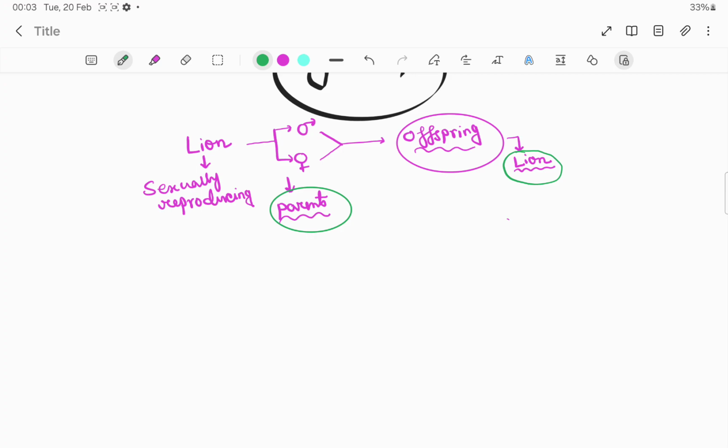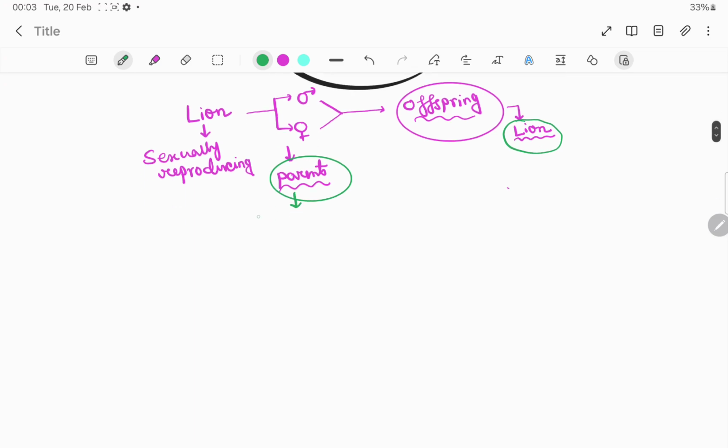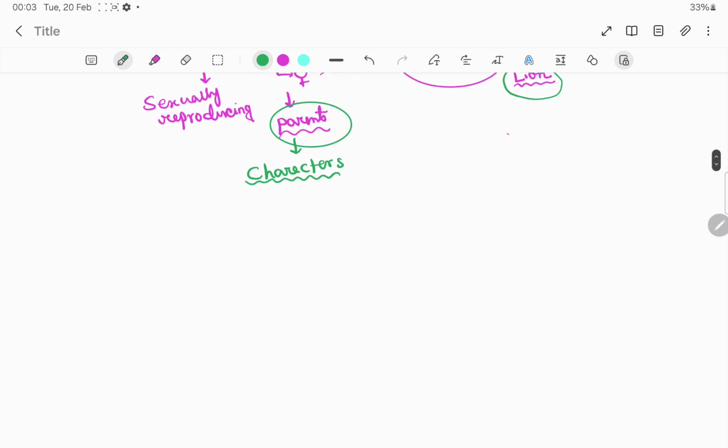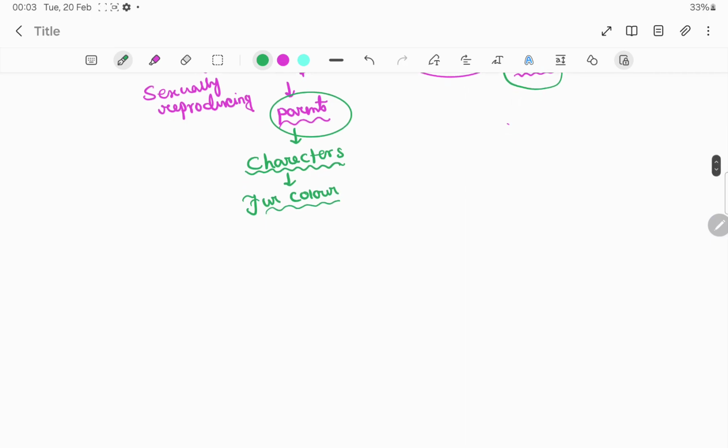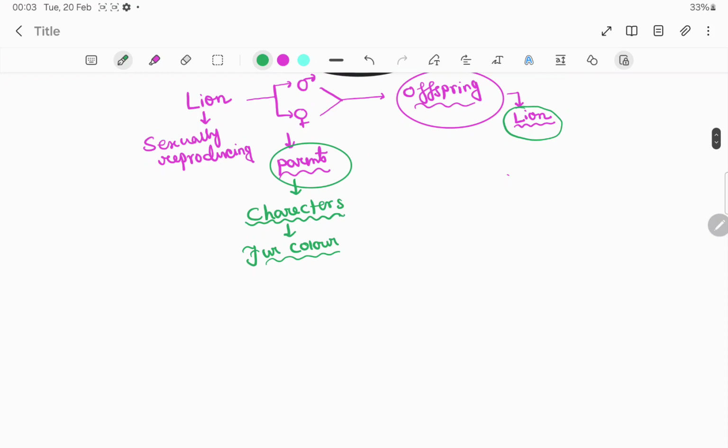The answer is, in the parents there are some characters. Clear? In parents we can see some characters. Now what is that character? For example, if I say fur color. You have seen that in lions, the fur color is light brown.